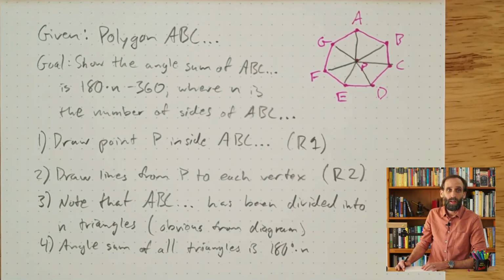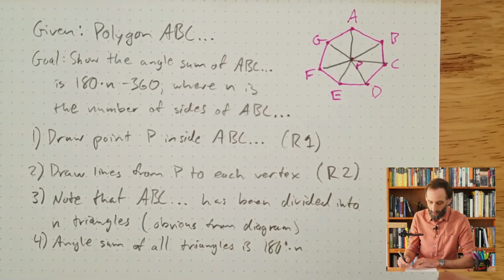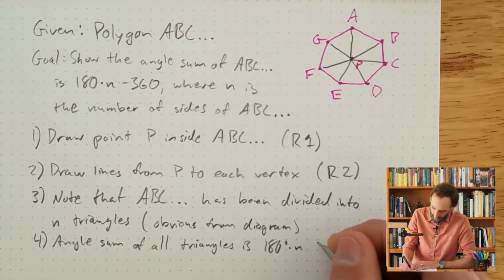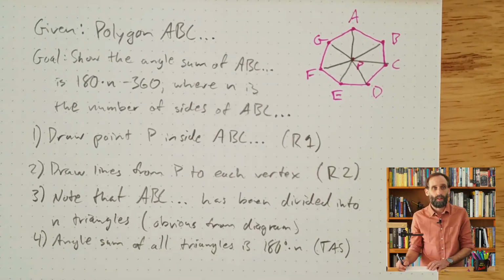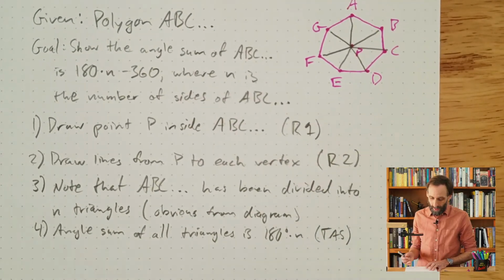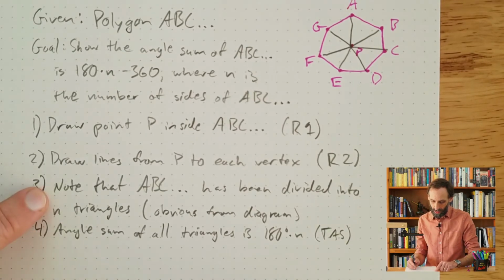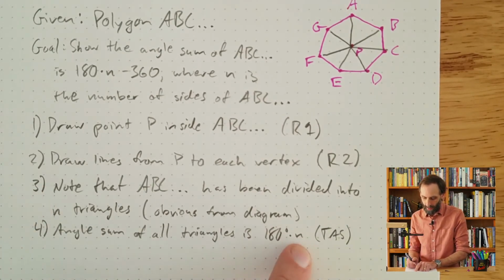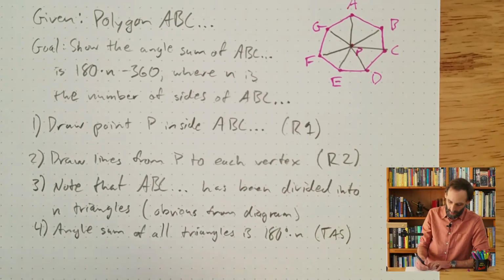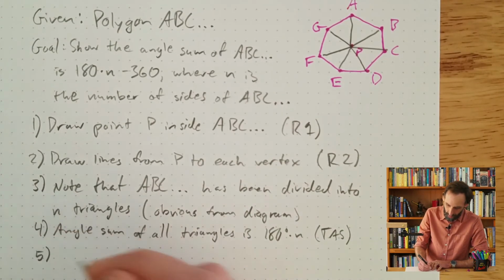And what is our justification for this? Of course, it is the triangle angle sum theorem. I'm going to abbreviate this as TAS, triangle angle sum. So that seems pretty clear. I have n triangles, and therefore the angle sum of all the triangles is 180 times n because of the angle sum of a triangle theorem.